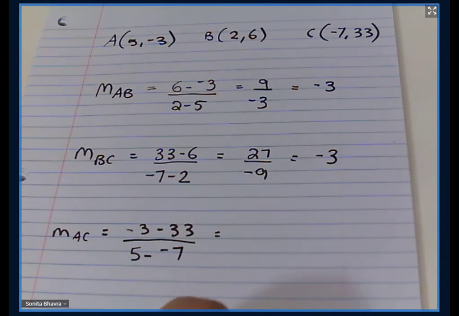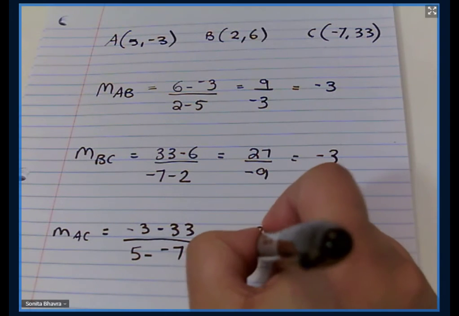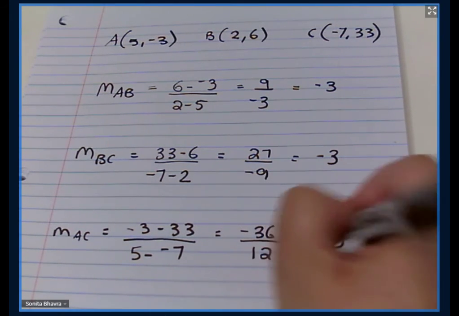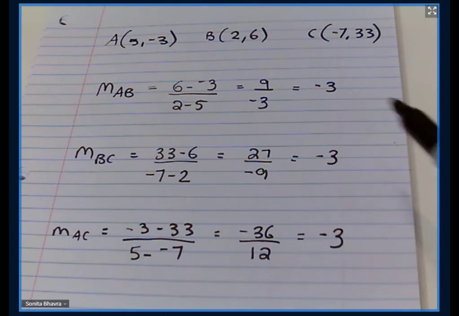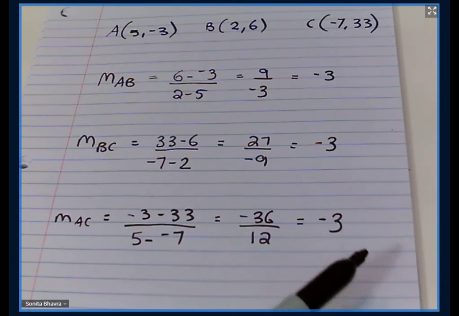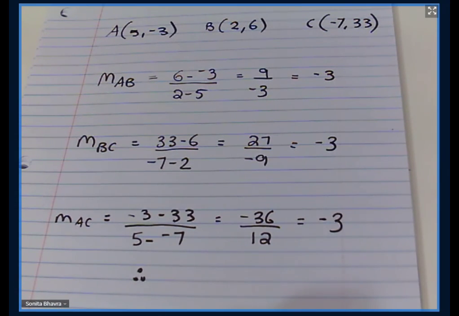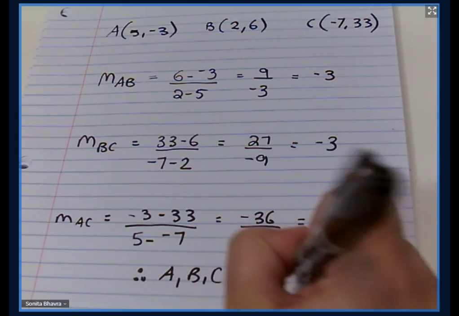That gives me negative 36 over 12. And negative 36 over 12, that's still negative 3. All right, so all three slopes are the same. So therefore, we would say A, B, and C are collinear.